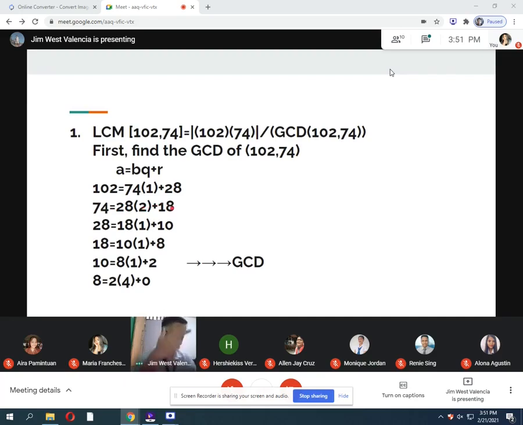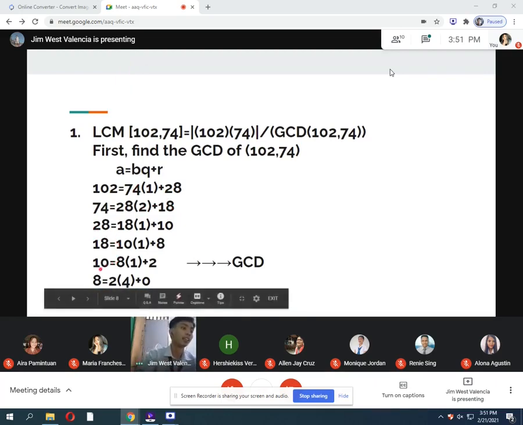So, ulitin lang natin siya. Okay? And until 10 is equals to 8. 10 divided by 8 is 1. And our remainder is 2. So, ang gagawin naman natin is, A is 8 at ang remainder naman ang magiging B natin.